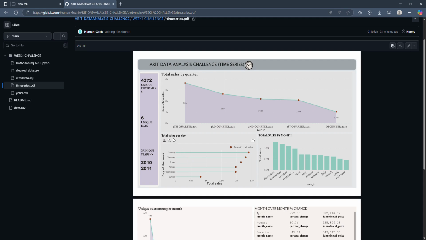And for the total sales per day, fewer people bought things on Thursday, and more people bought things on Tuesday. There's a gradual increase from Sunday up until Tuesday. So Tuesday has the highest number of sales in this data set.